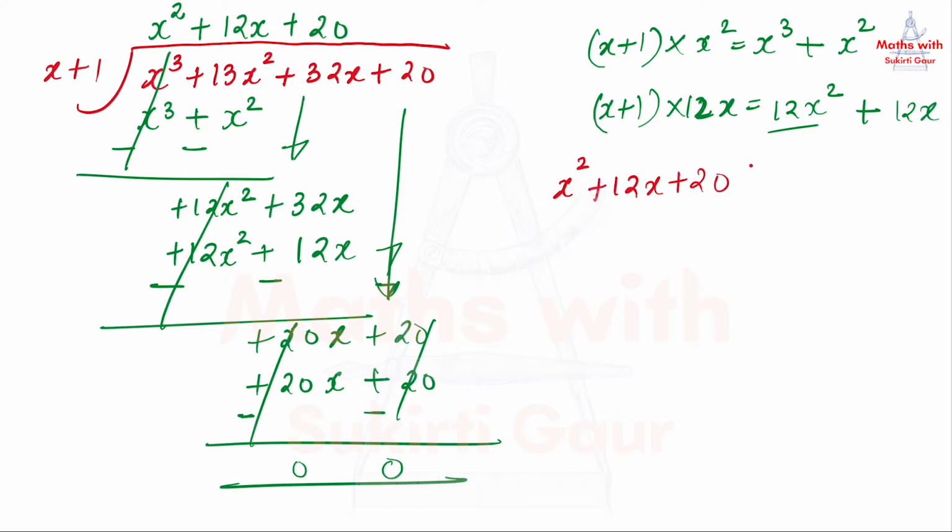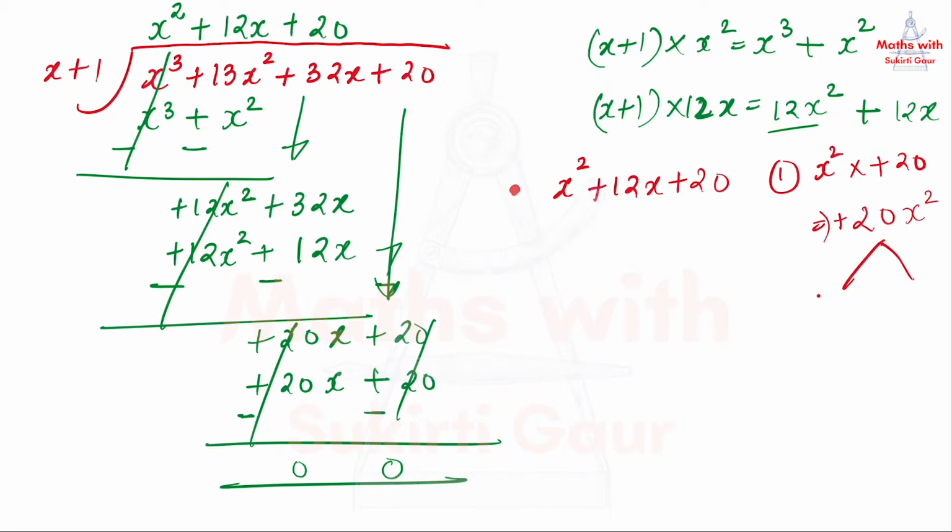Now what we are going to do, we are going to factorize it more because this is a quadratic polynomial. Here, first step is to multiply the first term with the last term. So x square into plus 20, we are going to get plus 20x square.